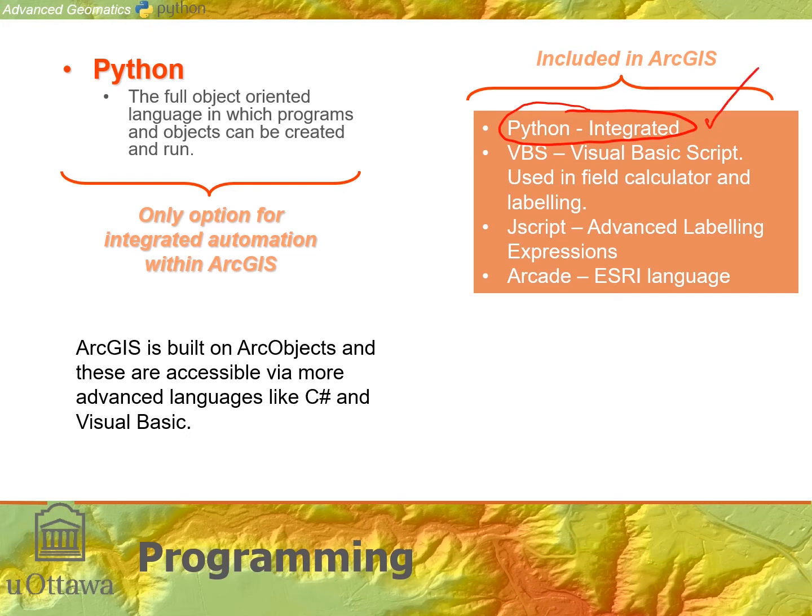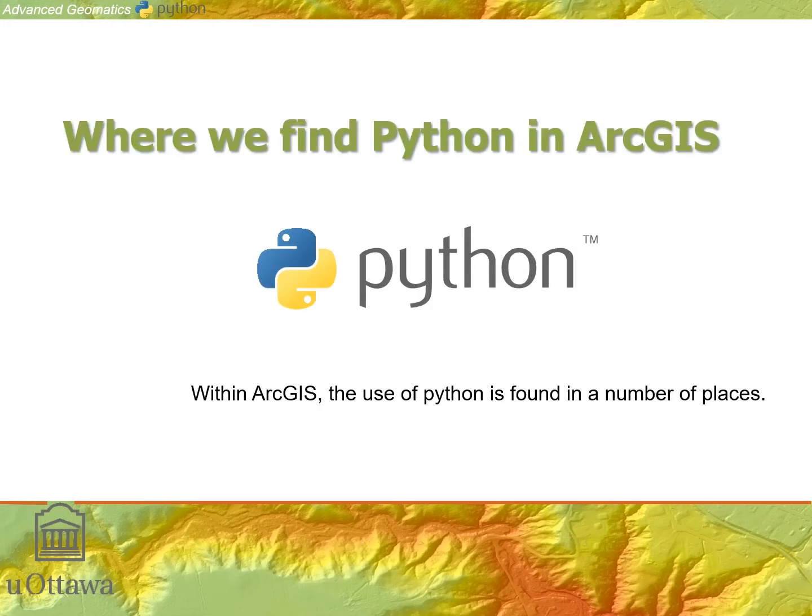There are also places where you can use other languages like VBScript, JScript, and Arcade, which is a language created by Esri specifically for things like labeling. But Python is available throughout, which is great. So we learn one consistent syntactical language, and we can apply it throughout ArcGIS Pro.